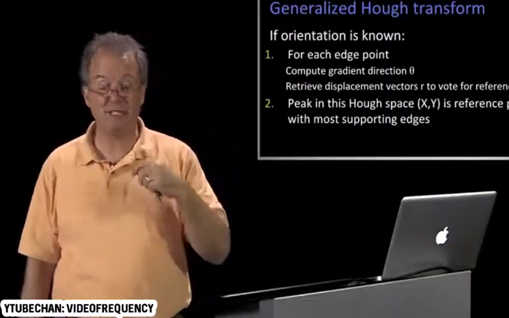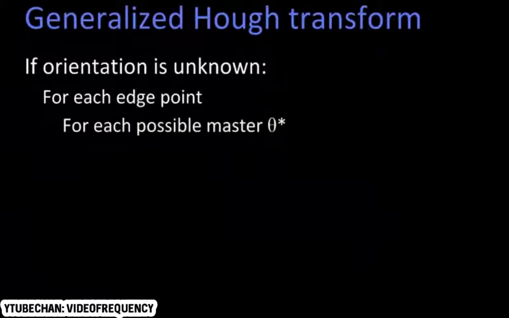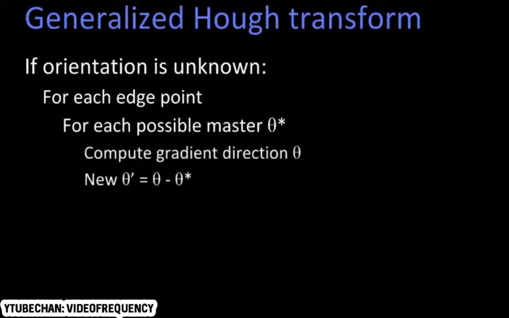Now, it's unreasonable that you might know the orientation and the scale, so let's talk about orientation. Suppose the orientation is not known. Well, all we have to do is try the different possible orientations, and that's written here. Again, for each edge point, but now we have what we'll call a master orientation. This is the actual orientation of the object. For each possible master orientation, we compute the gradient direction, but we subtract off the master.